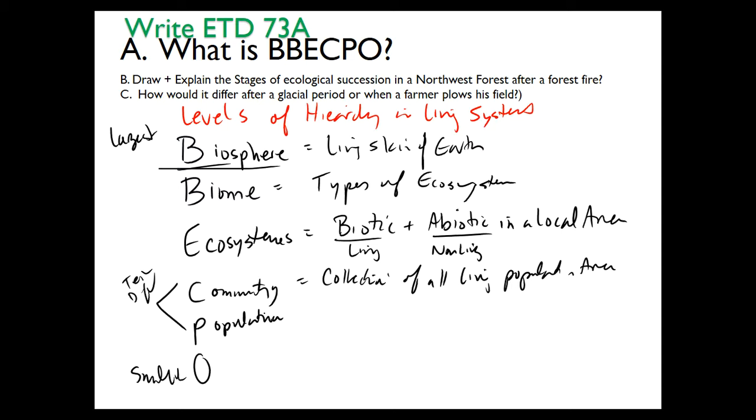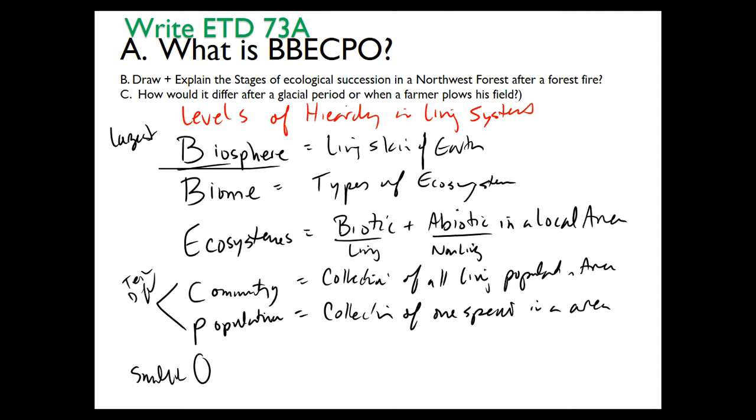Those are all part of the living populations that are there, all the biotic factors. The population itself is a collection of just one species. So that's why we looked in genetics at populations of frogs, populations of Drosophila, populations of pigs. It's just one species. So the population is one species. The community is a collection of different populations, a bunch of different species, right?